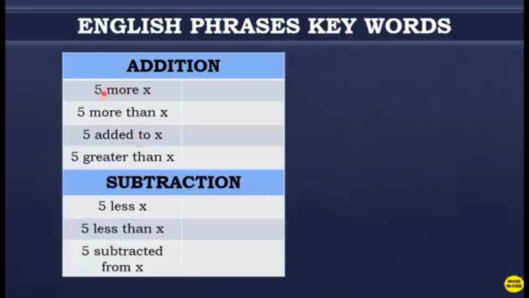Here, the arrangement will be different. When we say 5 more x, as is, what comes first would be the one to write first. So 5 plus x. But when we say 5 more than x, 5 added to x, 5 greater than x, then the arrangement will be different. That will become x plus 5.